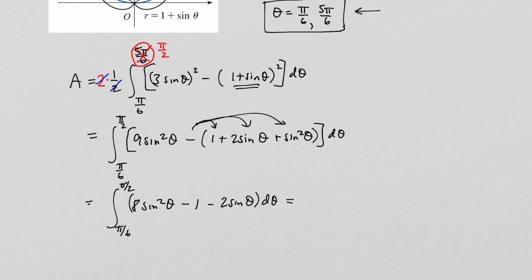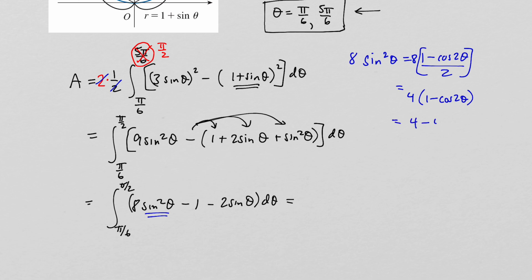Now, remember, to integrate sine squared or cosine squared, just like in the previous example, we need to use a half-angle identity. So we need to know that sine squared of theta is 1 minus the cosine of 2 theta divided by 2. So 8 sine squared is going to be 8 times this, and that will be 4 times 1 minus cosine of 2 theta, which is 4 minus 4 cosine 2 theta.